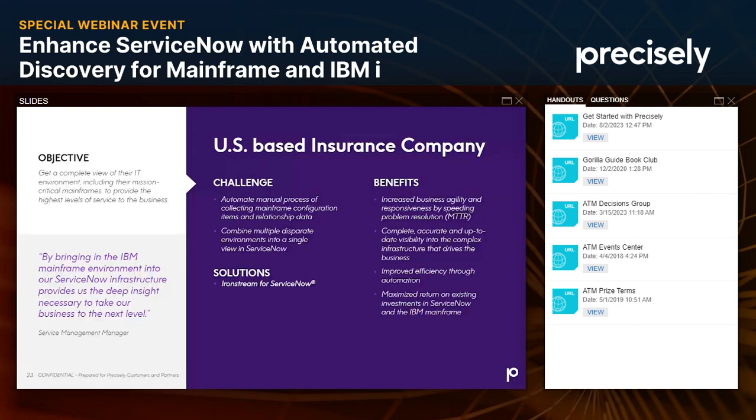The automation aspect of Ironstream alone improved their efficiency and eliminated the risk from running a homegrown solution. Plus, adding their mainframe real estate has significantly increased their ServiceNow ROI.